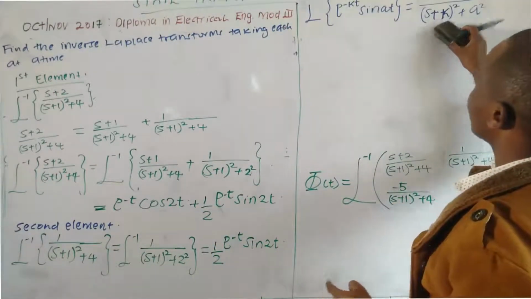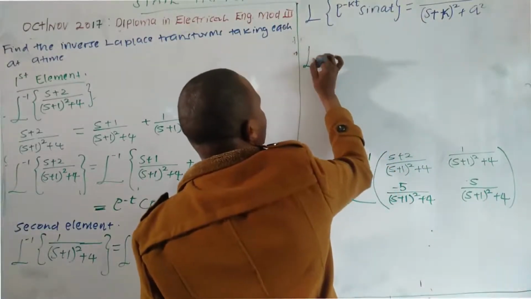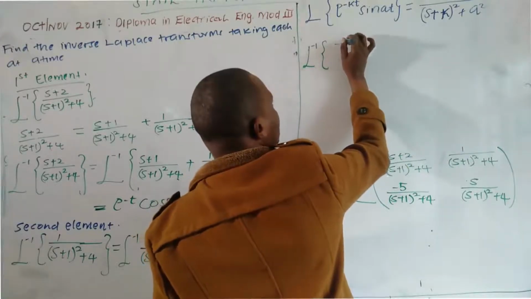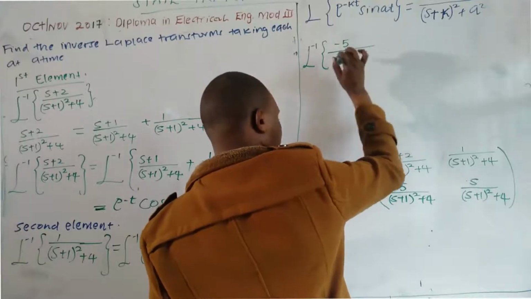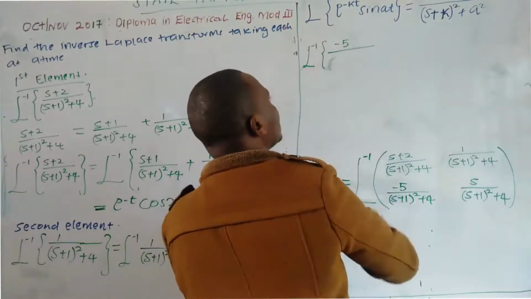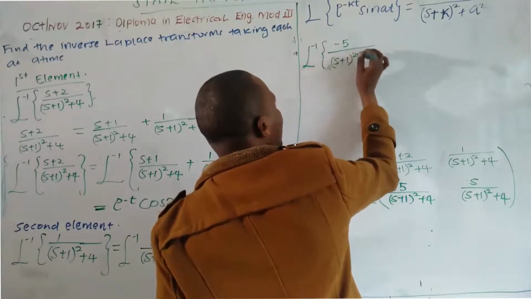I will not remove this for purpose of explanation. Laplace transform of negative 5 over sine over s plus 1 squared.